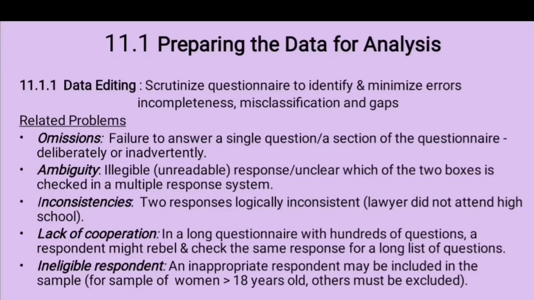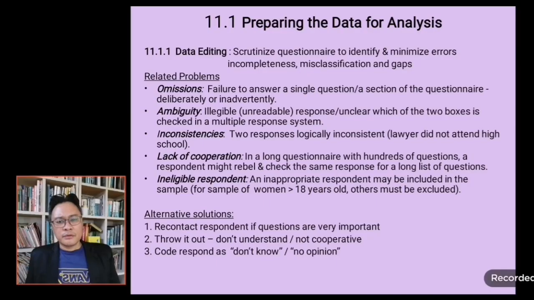Lack of cooperation, banyak soalan tak jawab, you might want to put it aside, because if you're putting all these problems into your data, you are creating some mess. You are providing a headache to yourself. And ineligible respondent, maknanya respondent which is not part of your survey parameter, you might want to exclude them.